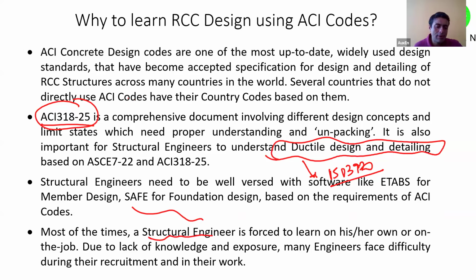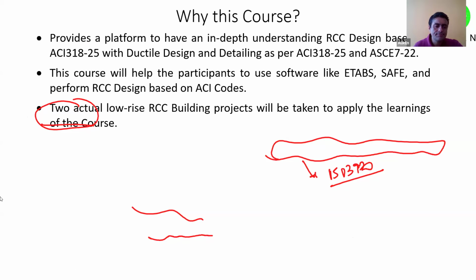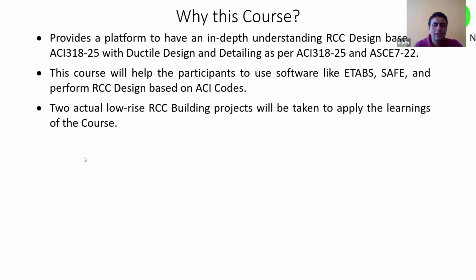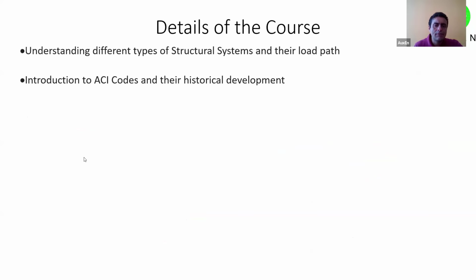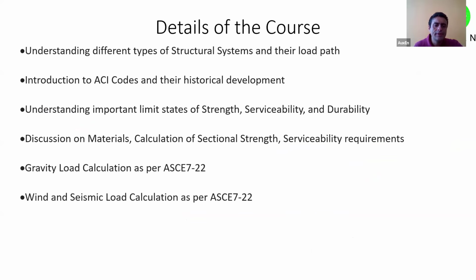So they were asked by their management to either learn or they were not given a chance to work on that project. Because of the lack of availability of a credible platform, structural engineers face this issue. So through this course, we are going to address all these challenges that structural engineers have been facing. We have already taken you through the details earlier in the introductory session. So these are some of the things that we are going to cover.